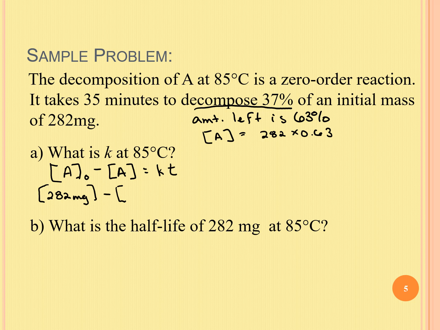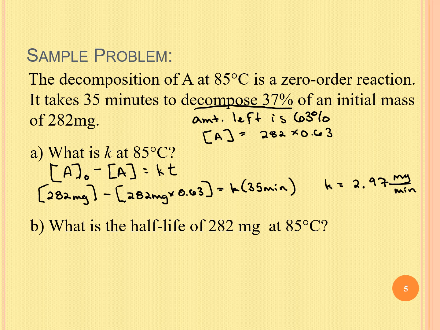That's how much is gone. We need how much is still remaining. So 282 milligrams times 0.63, which is equal to k times our t, which was 35 minutes. And if we work through and solve for this, we're going to see that our k is 2.97. And this is going to have units of milligrams per minute.